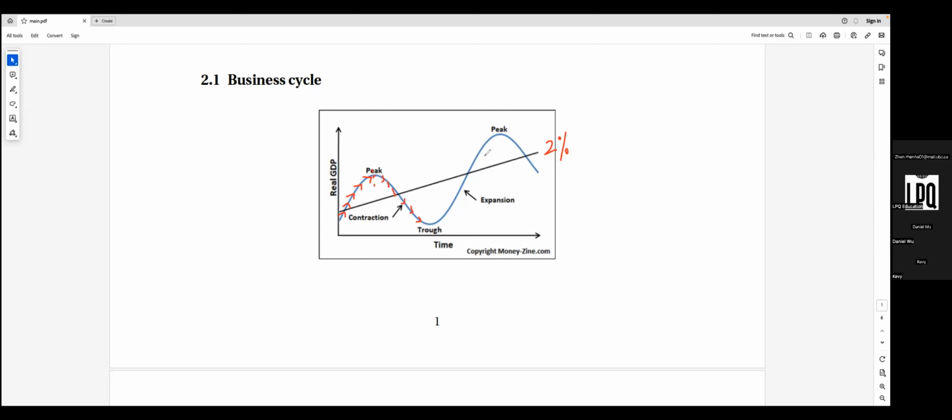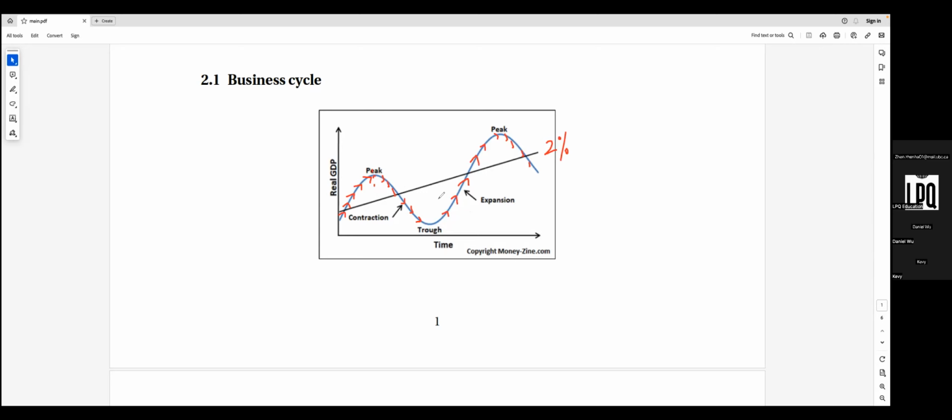After this recessionary time, let's repeat this again, we get another expansionary time. After this peak, we get another recessionary time. And overall, we call these things a business cycle.